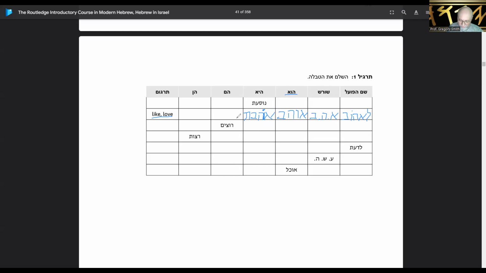Then we would have ohevim. Okay, they are loving, masculine plural or mixed plural. And then we would have ohavot.